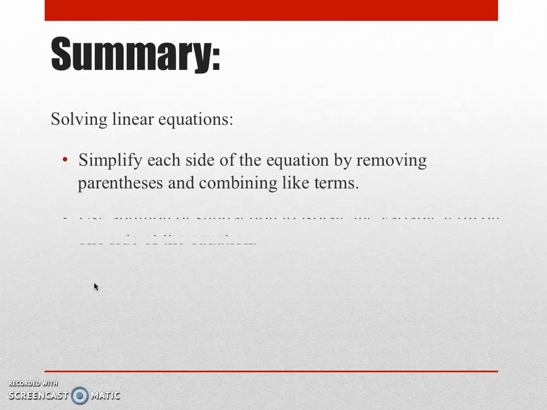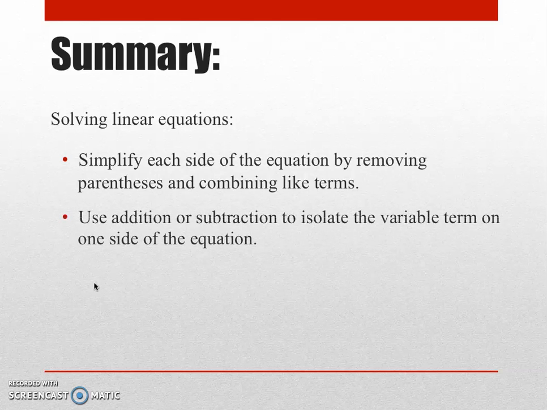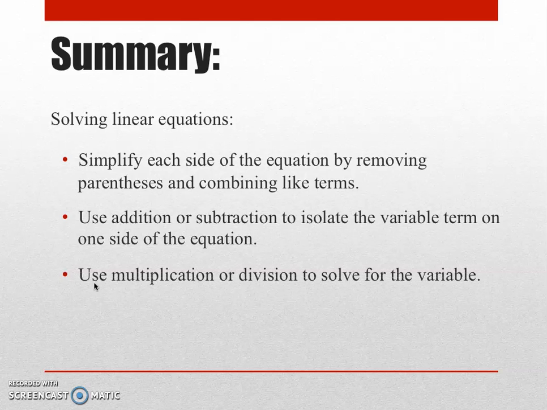And after each side is simplified, then we're going to use addition and subtraction to bring all the variable terms to one side of the equation and bring all the constants to the other side. And after that, when we simplify those, we're going to use multiplication or division to solve for that variable. So basically dividing and multiplying both sides of the equation by the same number.